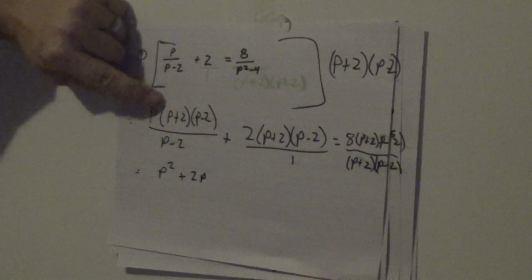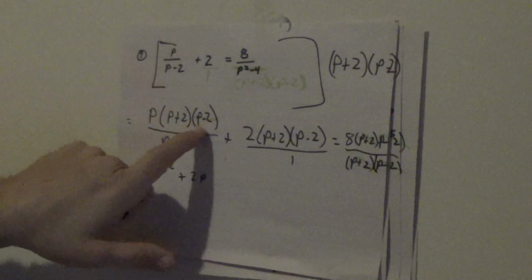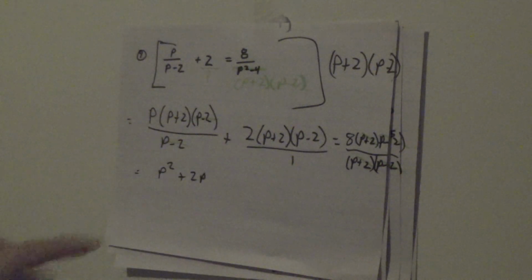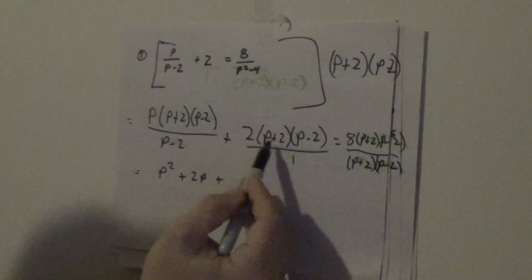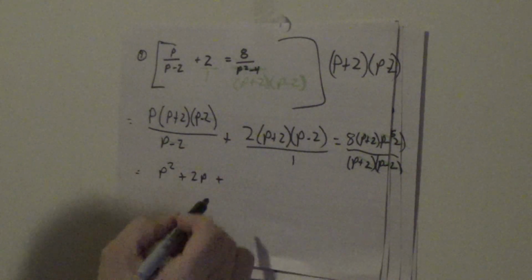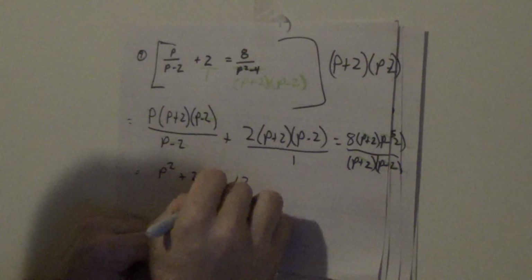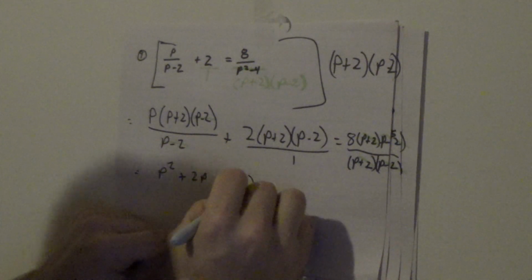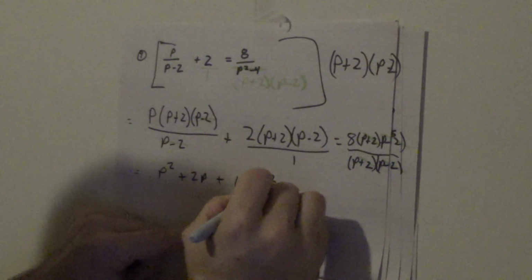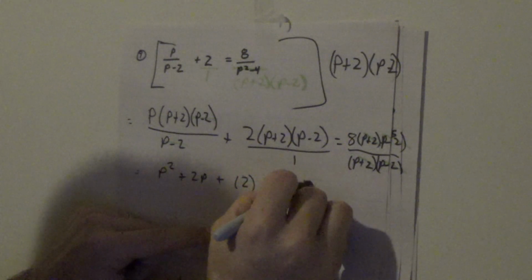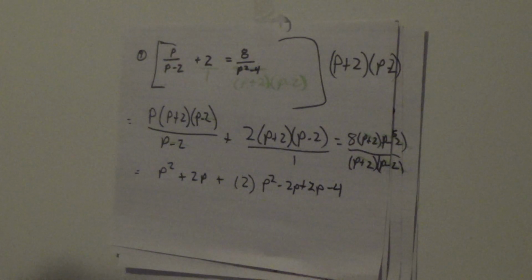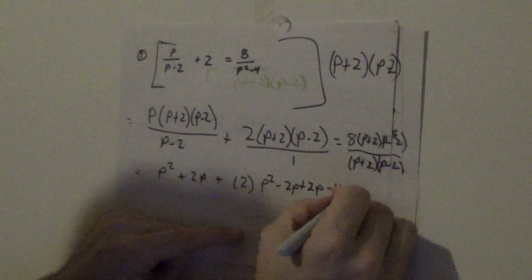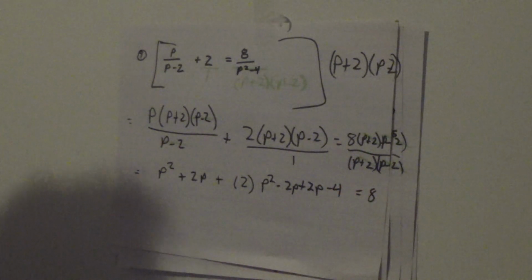Once I distribute that p into the p plus 2, the p minus 2's have canceled. So then we have plus over here. We would have to FOIL this and then multiply by 2. So I'm going to keep the 2 out front, and then I'm going to FOIL. I'll get p squared minus 2p plus 2p minus 4. And that will all equal 8. Okay.